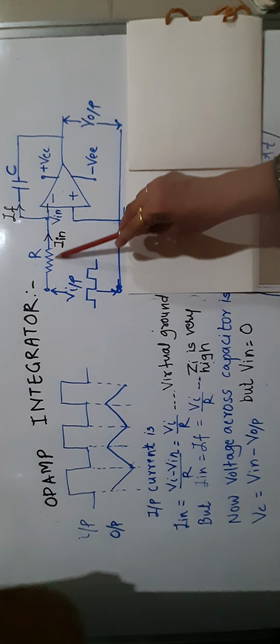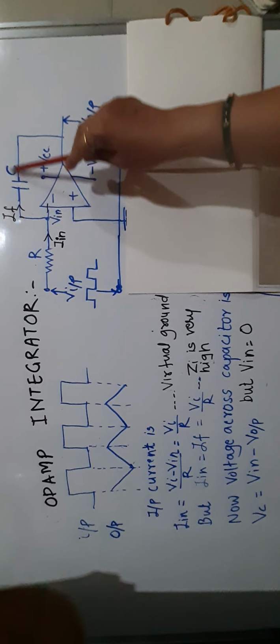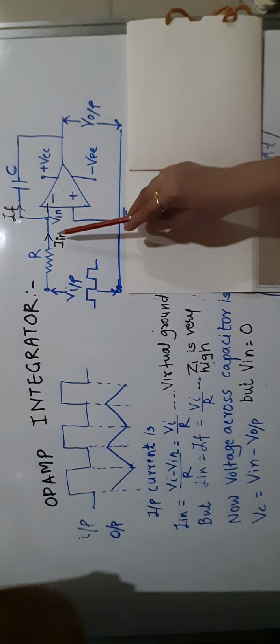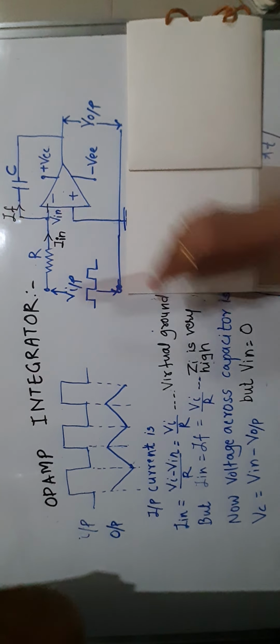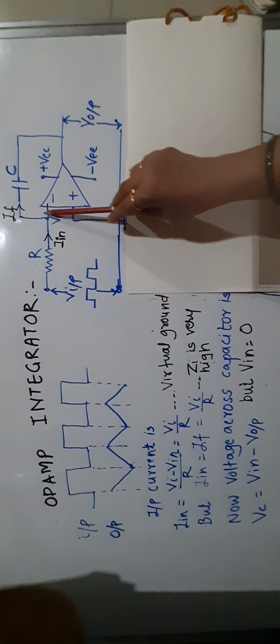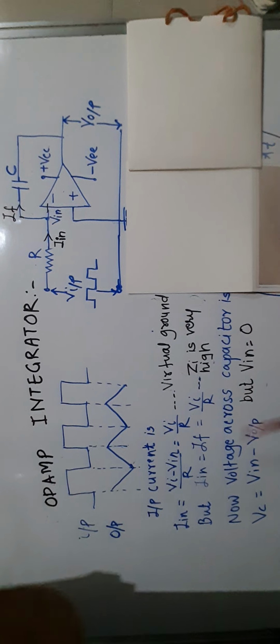All the input current will flow through the feedback circuit. So we can write I-in equal to IF, which is equal to Vi upon R, because I-in is equal to Vi upon R. So we can write this equation.